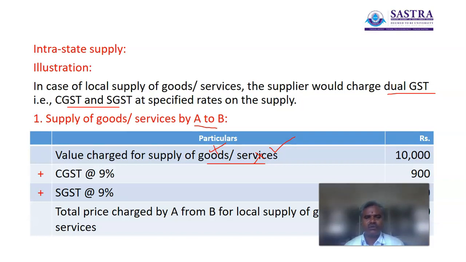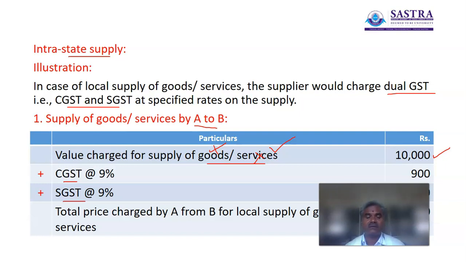So, value charged for supply of goods or services, 10,000. It is intrastate supply, because they clearly mention intrastate, not intra union territory. So here we have to charge two taxes, one is CGST, another one is SGST. You assume that the rate of tax is 18%.